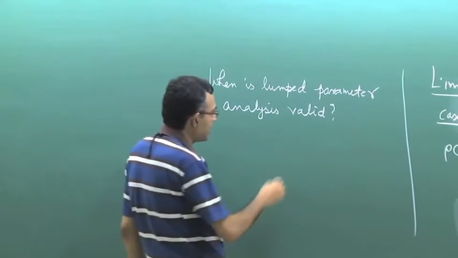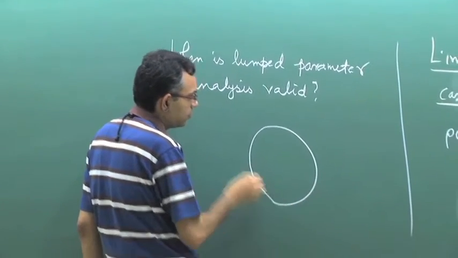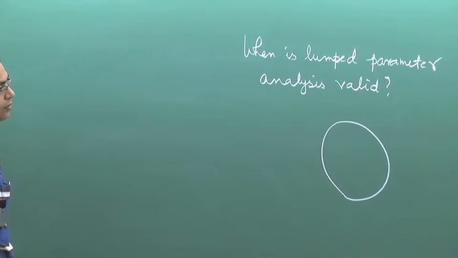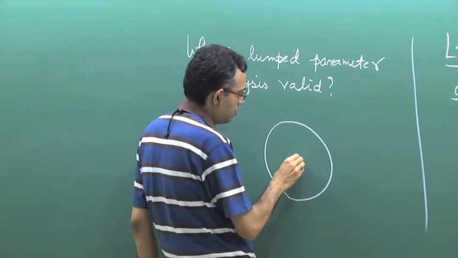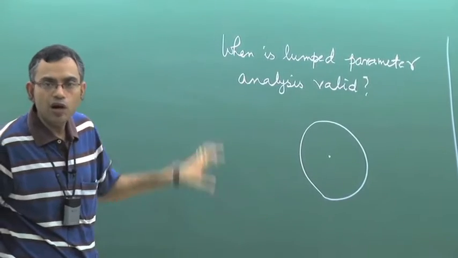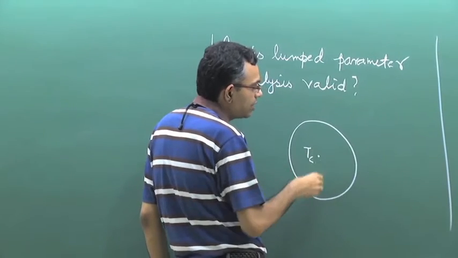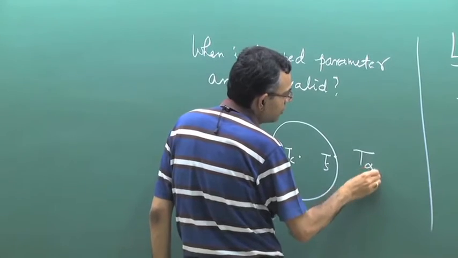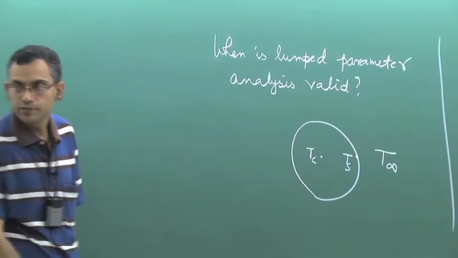So let us take this example. Let us say that you have a spherical ball with Tc as the center line temperature or central temperature, Ts as the surface temperature, and T infinity as the temperature of the surrounding fluid.